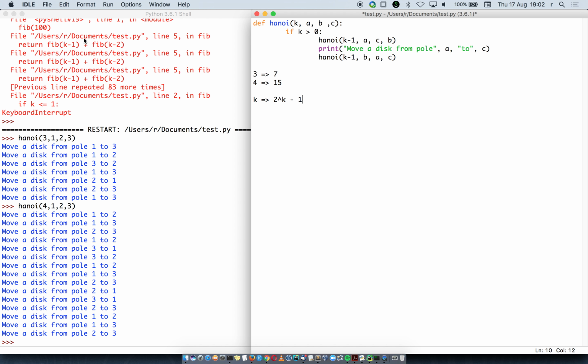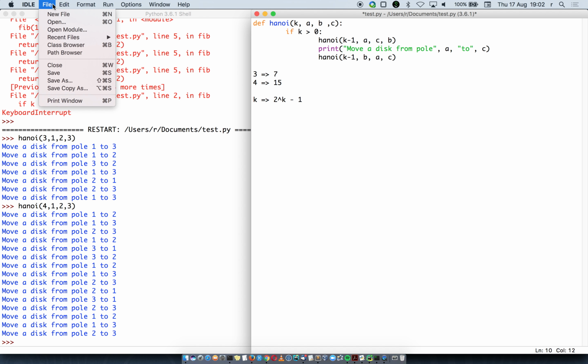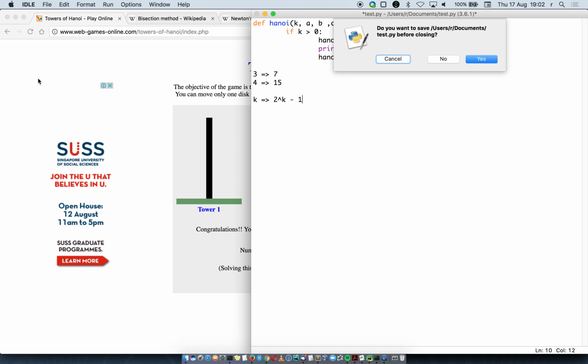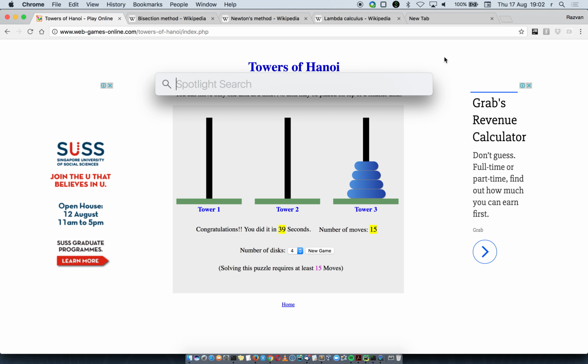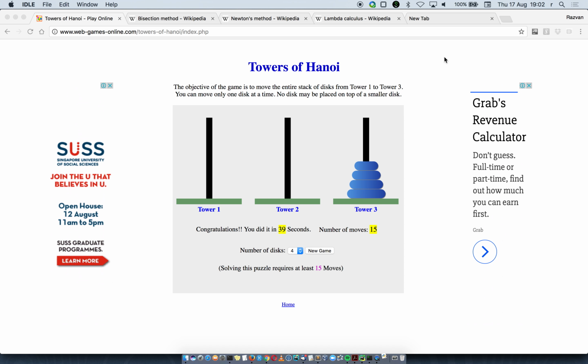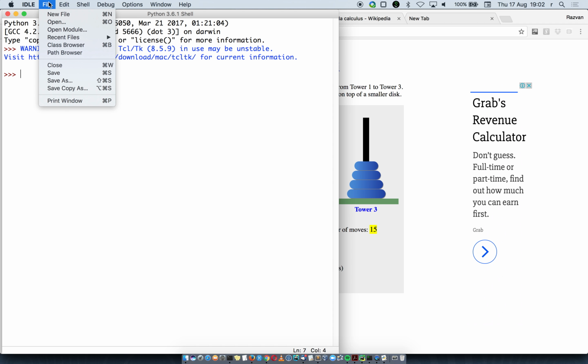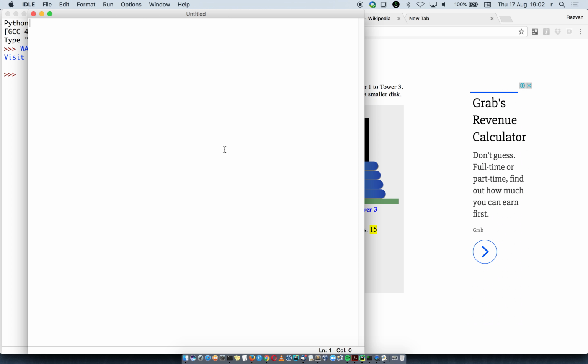I'm really wondering whether the fact that I started Fibonacci for such a big number might have done something wrong. Okay, let's try again.